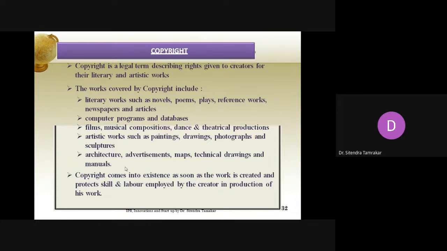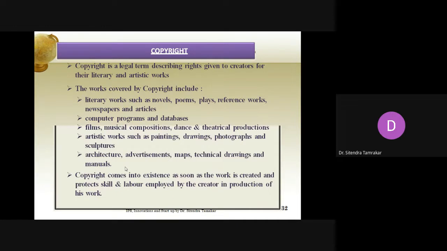The beauty of copyright is that you can copyright anything. If you are a teacher and you have prepared notes on a particular subject, you have picked a technical topic and with your own thought prepared notes, or prepared some PPT, you can directly go for the copyright for these things. You can register yourself for the copyright for this.